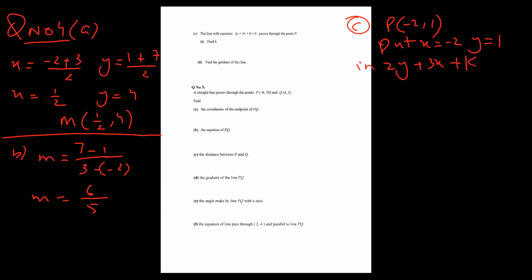I will get the unknown constant. 2 times 1, 3 times negative 2, plus K is equal to 0. 2 ones are 2, minus 6. I got negative 4. So K is equal to 4.